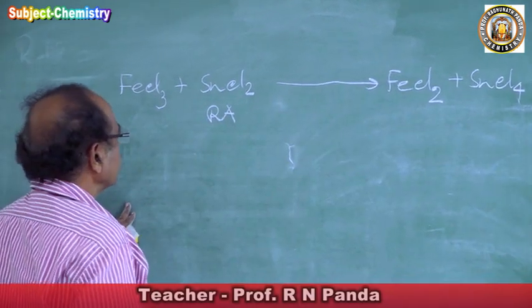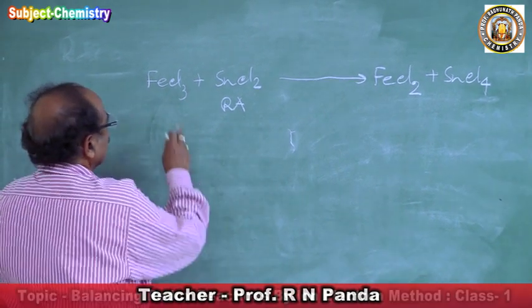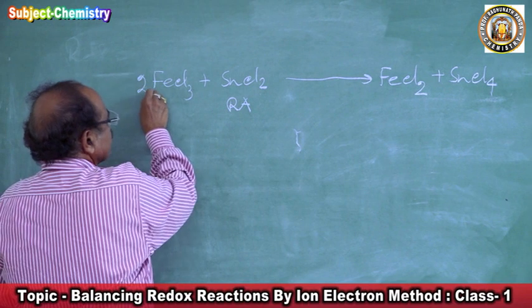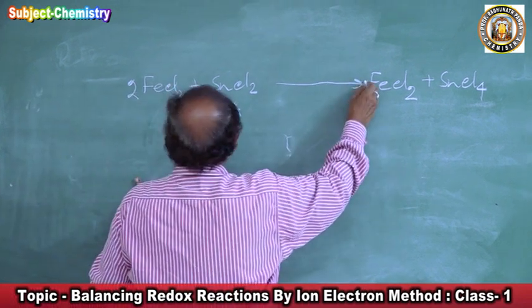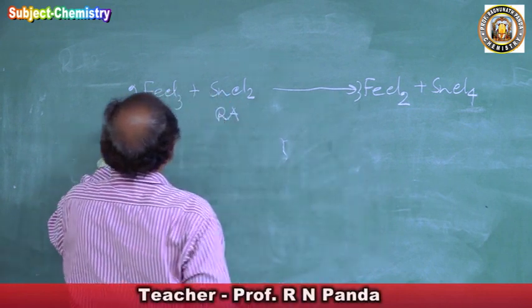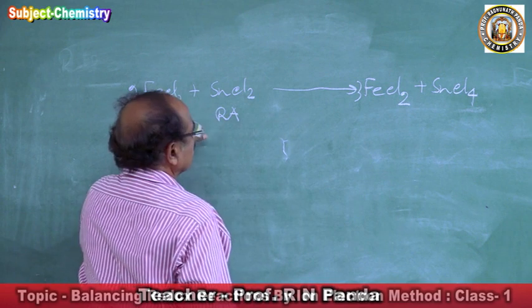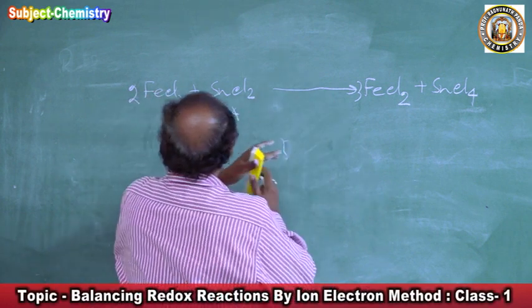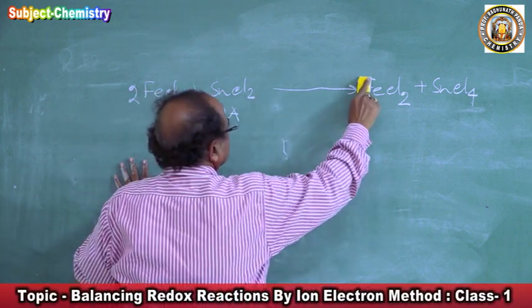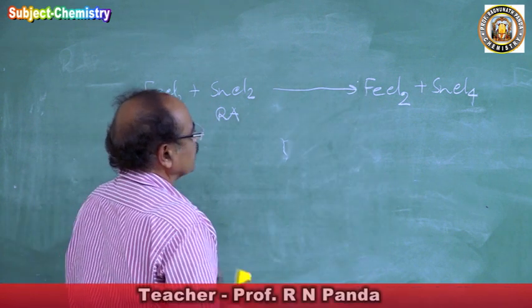So if we balance here, there are uneven chlorines, so we'll multiply this by 2 and multiply this by 3, this will become 6, and this becomes 6. Ferric chloride is forming stannous chloride.